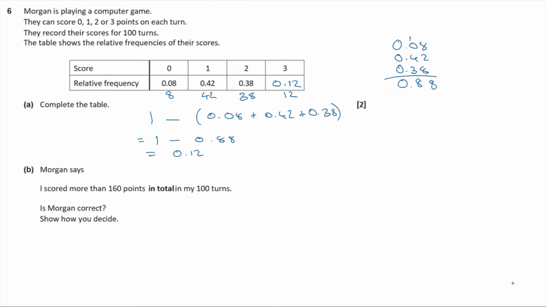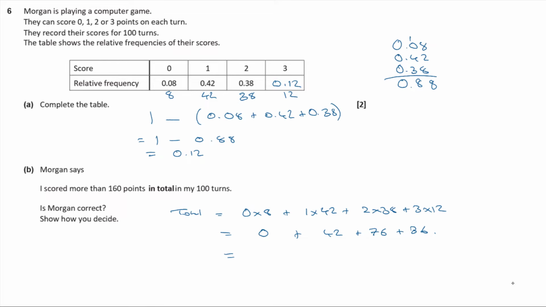So then what's the total of those? I can multiply them up now, can't I? I can say total is going to be 0 times 8 plus 1 times 42 plus 2 times 38 plus 3 times 12. And that gives me 0 plus 42 plus 76 plus 36.